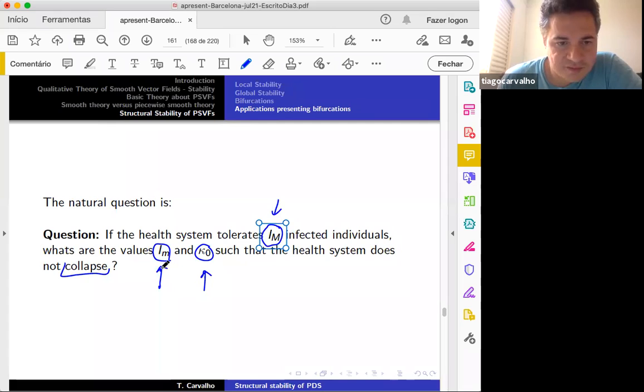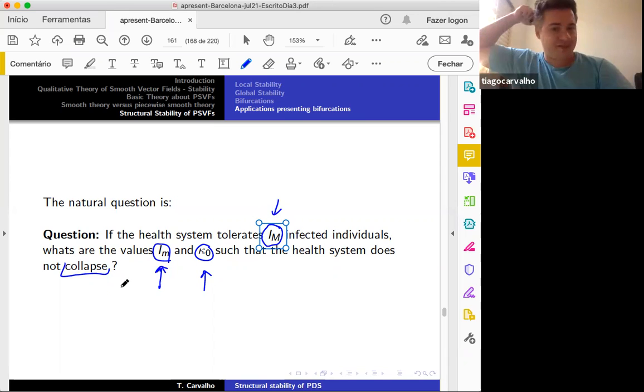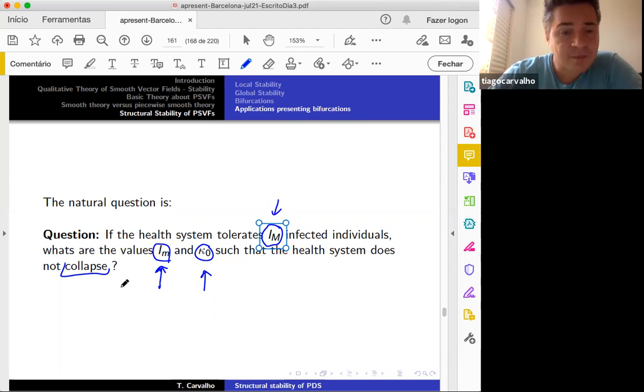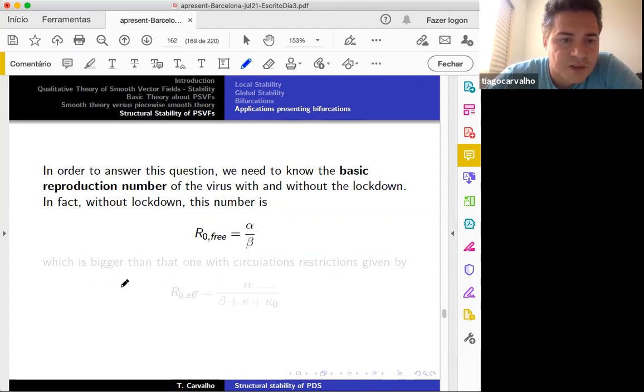This means when we have to impose restrictions, and what must be the kind of restrictions in order to not collapse the health system. So let's do this.